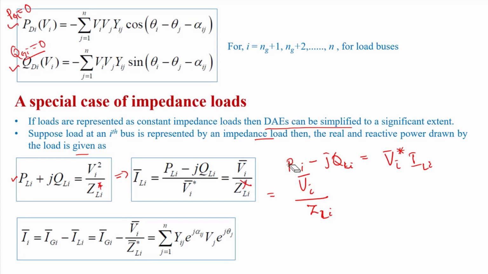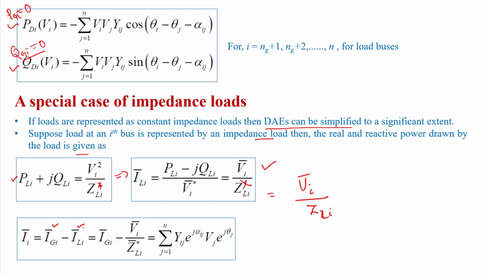VI is a complex quantity here, right? So now if I write II, that is the current injected at a particular bus, this analysis is considering only the load, the complex constant impedance load. Now if I find the current injection at that particular bus, then I can write IGI minus ILI.